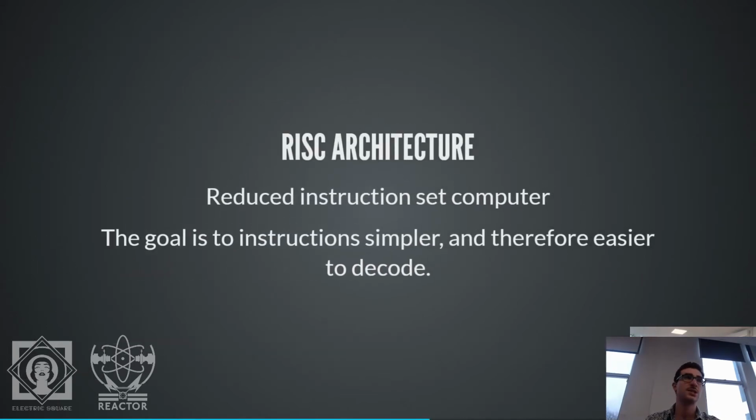We mentioned CISC CPUs before, and CISC wasn't really a name that existed until an alternative CPU design was invented, and that design is called RISC. So where CISC stands for Complex Instruction Set CPU Architecture, RISC stands for Reduced Instruction Set Computer.